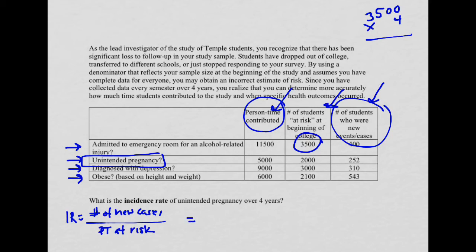So for unintended pregnancy, we know that 252 new cases happened over the 4 years that we were observing these students. And we know among the 2,000 women who were at risk at the beginning, they contributed 5,000 person years over the 4 years.